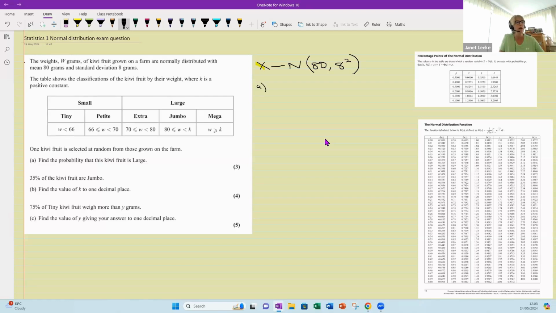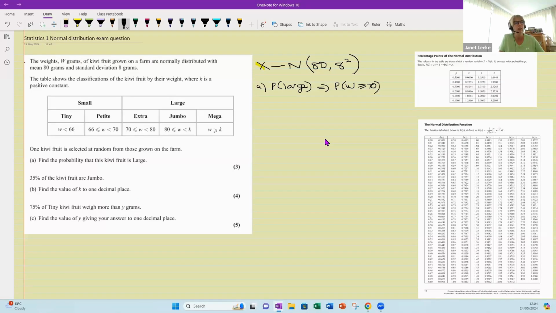So for part A, we want the probability of picking a large fruit. And if we go to our table, we can see that the boundary for large is 70. So therefore, we're being asked for the probability that W is greater than or equal to 70.